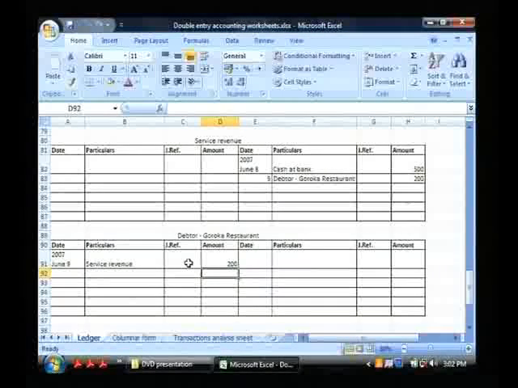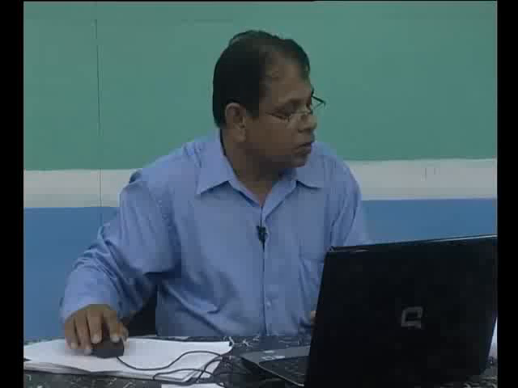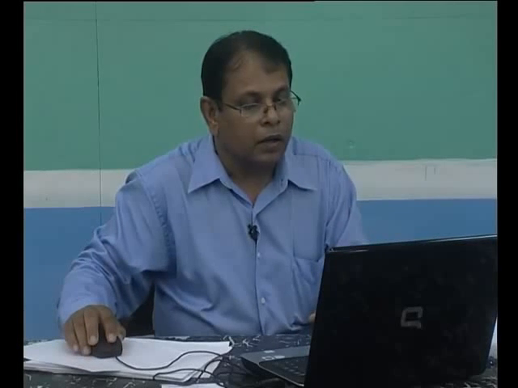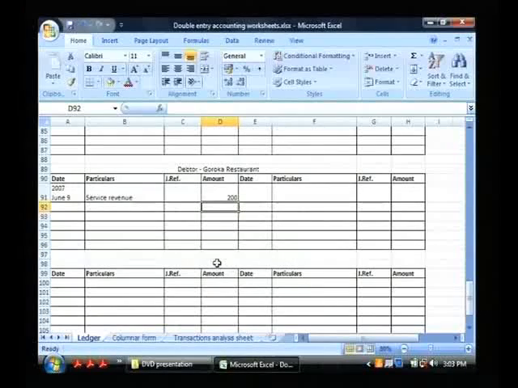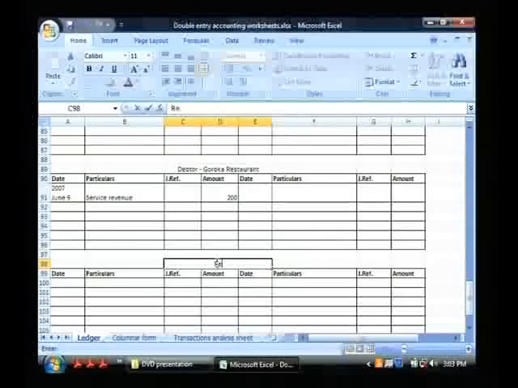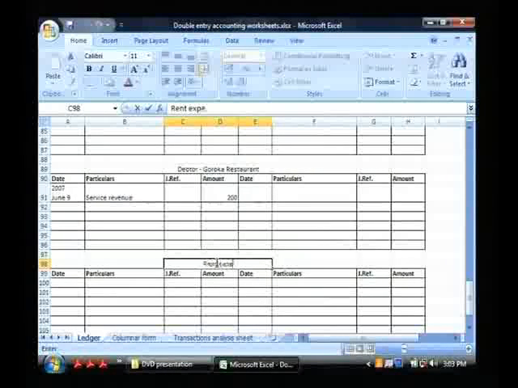Tenth, check the transaction analysis chart. Rent expense debit and cash at bank credit. So we don't have a rent expense account. Therefore, create an account.